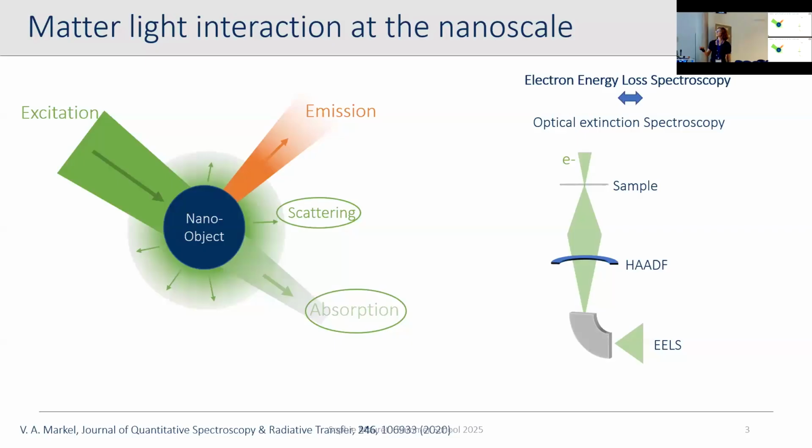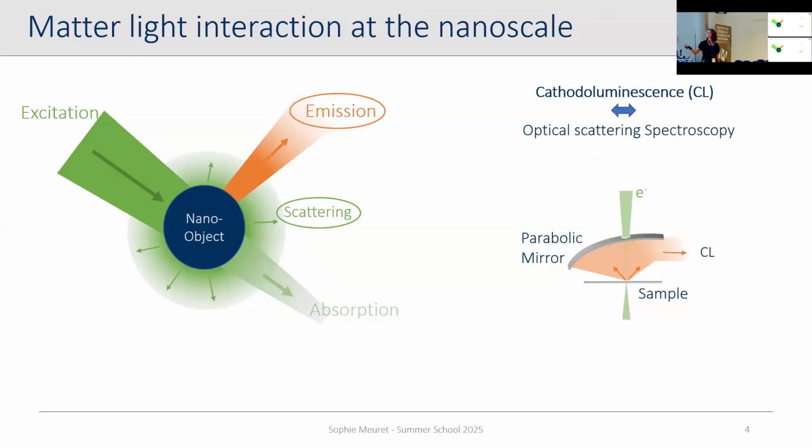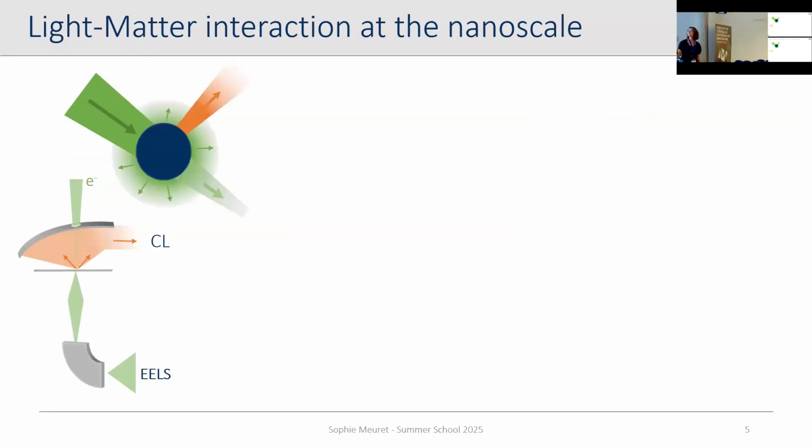But we can also look at the light emitted by this nano object. In this case, what we are doing is called cathodoluminescence, where we usually use a parabolic mirror to collect the light coming out of the sample after electron excitation and look at this light. So we have two different techniques using electrons to look at optical properties: cathodoluminescence, usually called CL in my talk, and electron energy loss spectroscopy.